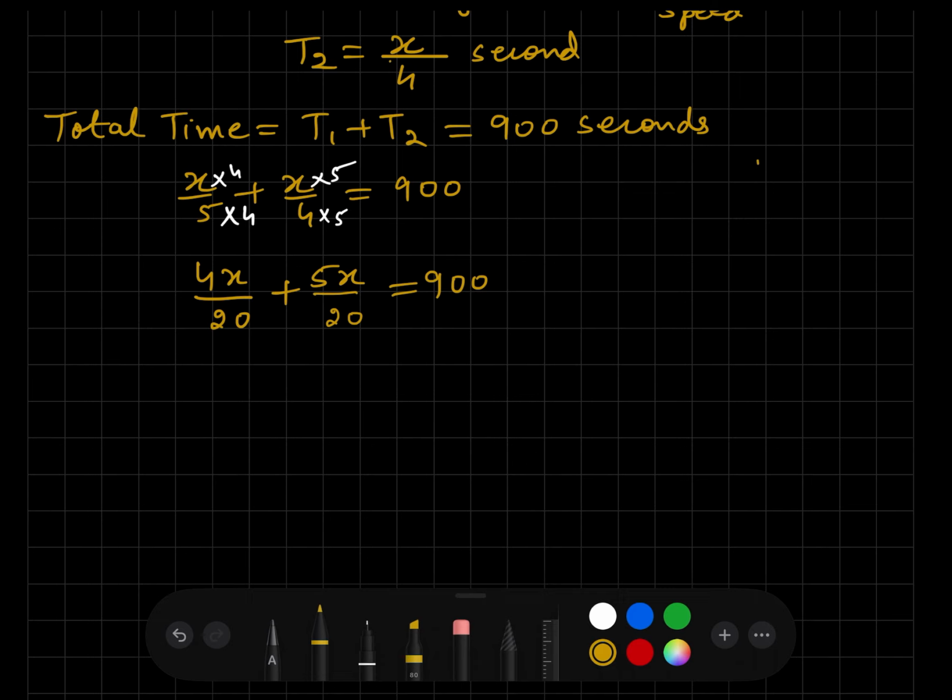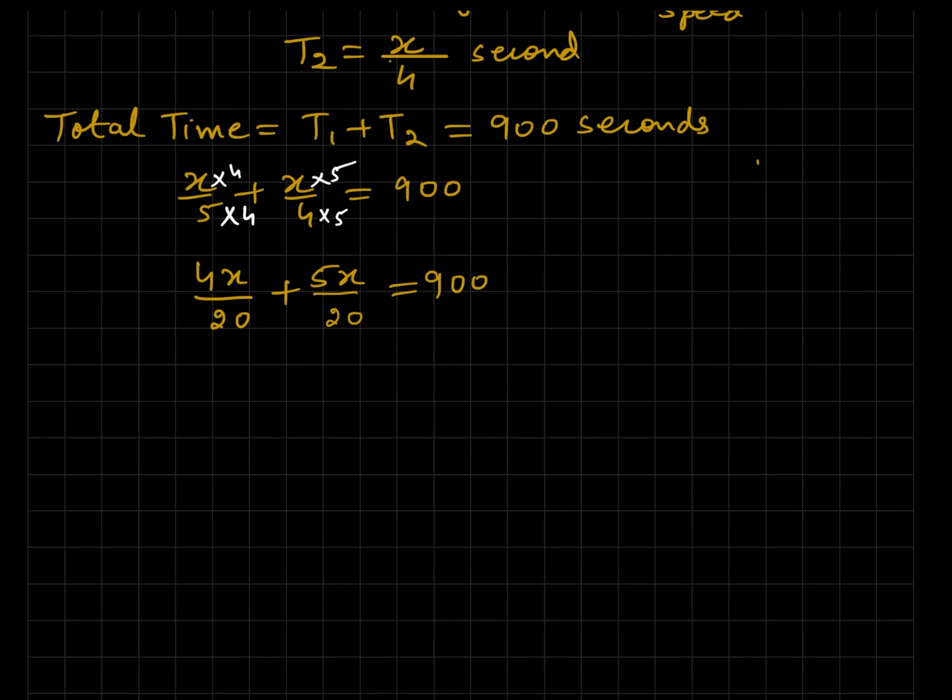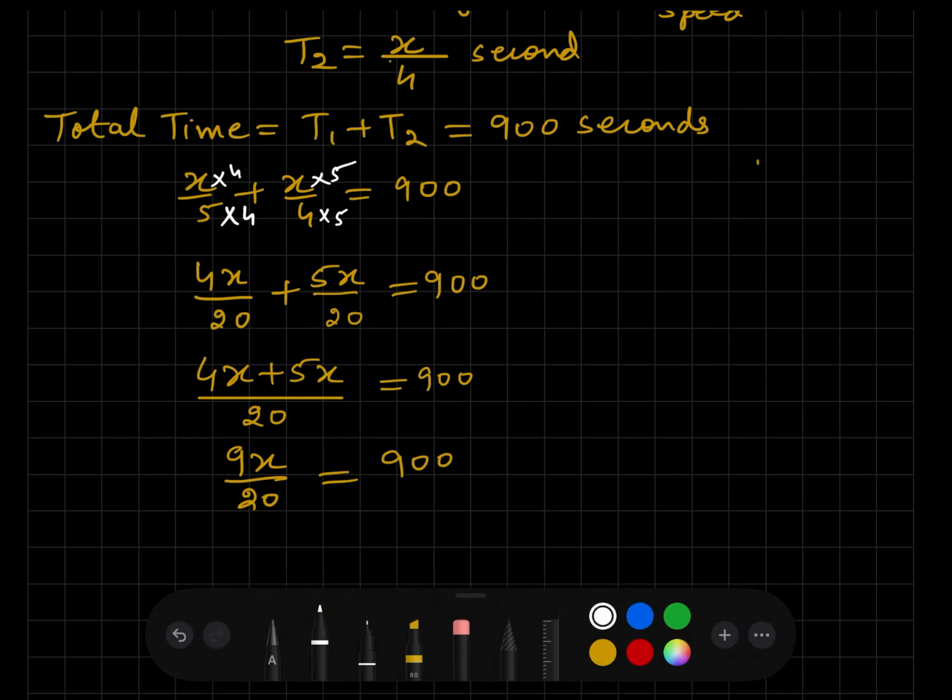Now since the denominators are equal, we can simply add: 4x plus 5x over 20 is equal to 900. Then 4x plus 5x is 9x over 20 equals 900. Now again doing the balancing thing.